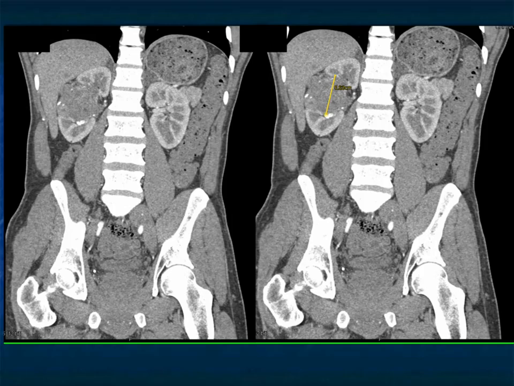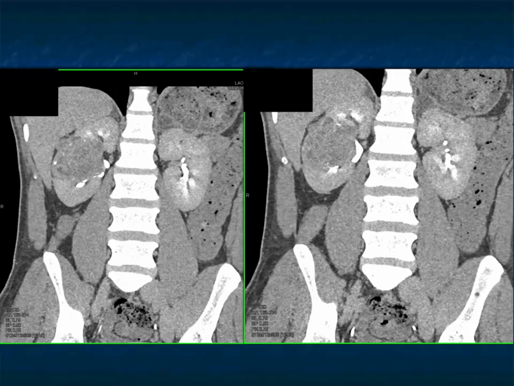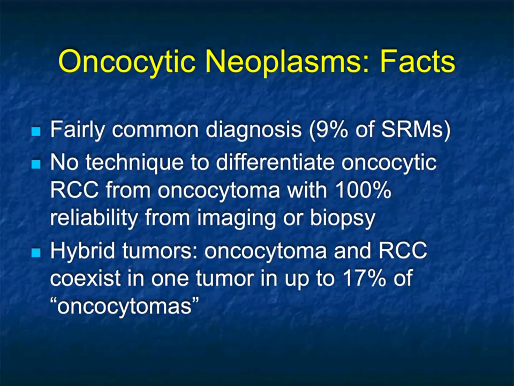Clear cells calcify maybe more commonly, but I still don't like a clear cell because the lesion's not vascular enough. The lesion's not as sharply marginated as the first couple cases I showed you, and this patient's lesion is centrally positioned, and the patient underwent a nephrectomy, and this was a chromophobe renal cell carcinoma.